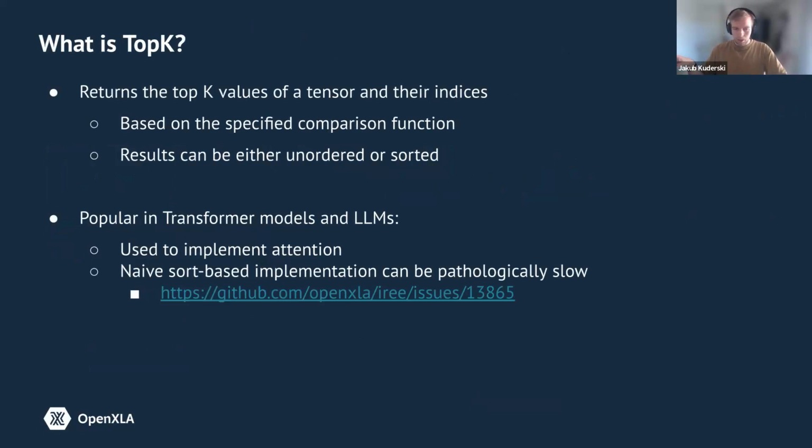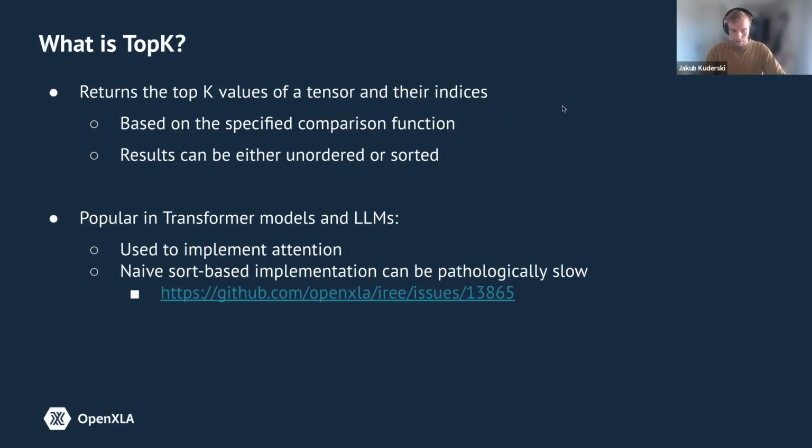So this can be something like, what are the n largest values, or what are the n smallest values in this tensor? And in addition to the elements with those largest, smallest, or whatever you define values, it also returns the indices of these values from the original tensor.